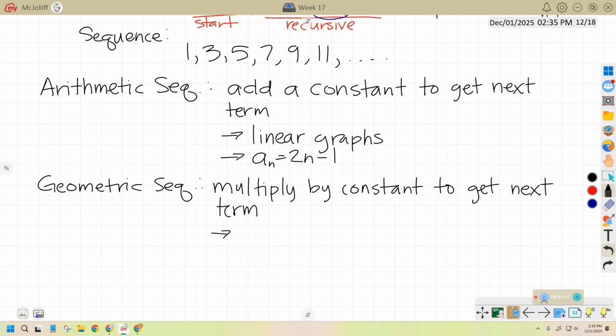Every term is double the last term. I'm multiplying by 2. 2 times 2 is 4. 4 times 2 is 8. 8 times 2 is 16. 16 times 2 is 32. That follows this pattern. I'm multiplying by 2 each time.